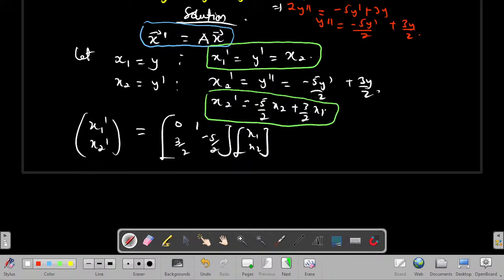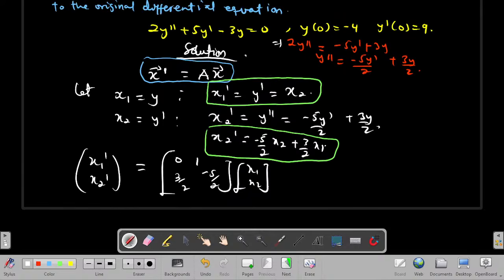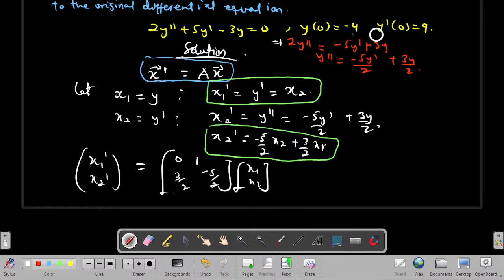So we have extracted it, but we are not done. There is one thing more. Remember that we have our initial conditions also in terms of y and y prime. We need to get rid of that. You know y is x1, so I can represent my initial condition as x1 of 0 is negative 4, and y prime is x2, so x2 of 0 is 9. Therefore, we will introduce our initial conditions as part of our equation here.